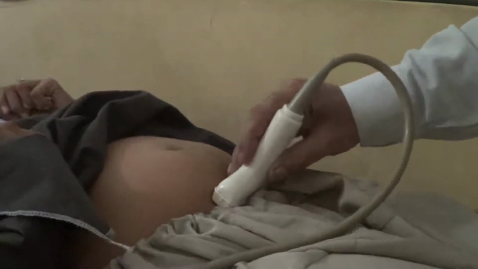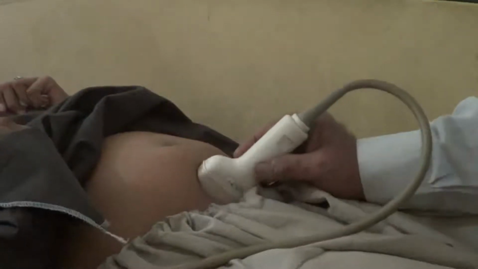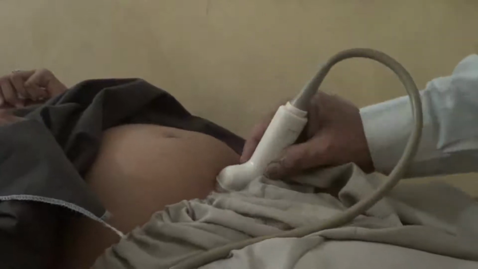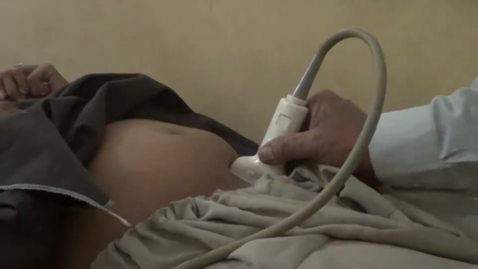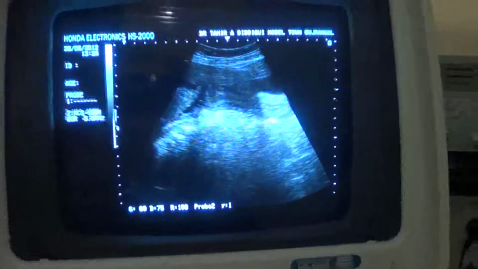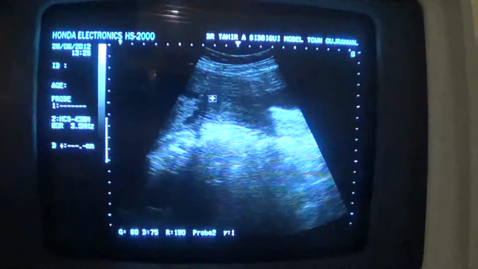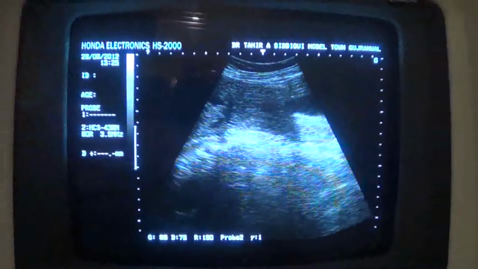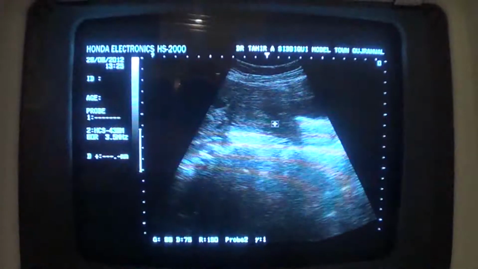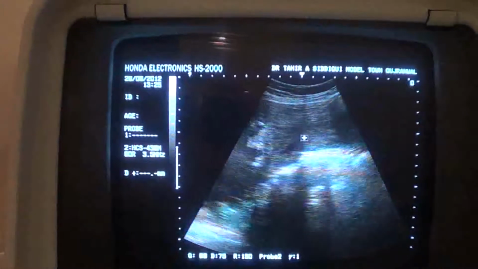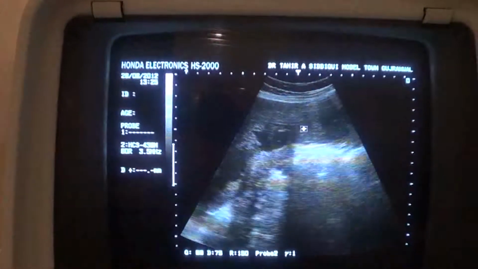So starting from here, now you see what I am seeing on the ultrasound from this region. This is the uterus, boundary of the uterus. Cervix, anterior wall, endometrial canal, posterior wall, and here is the cyst extending from the pelvic cavity.